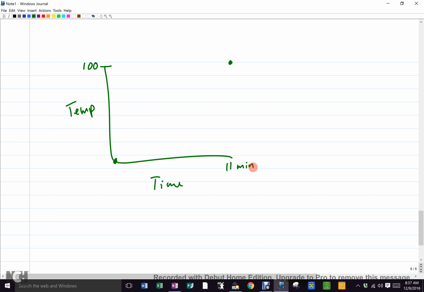Yeah, you would connect this line because at any given moment, there is a temperature for that time. The only reason you wouldn't connect it is if you were changing the dial. If you put it up to max and you put the pot on the boil, then nothing's changing.